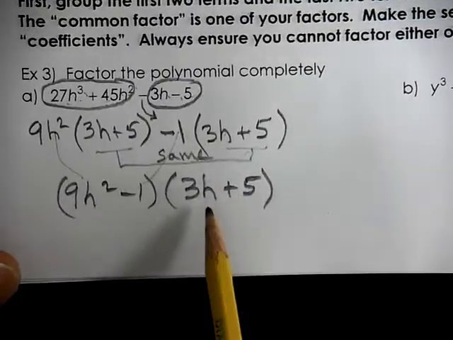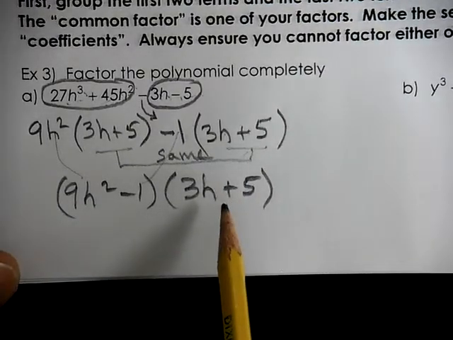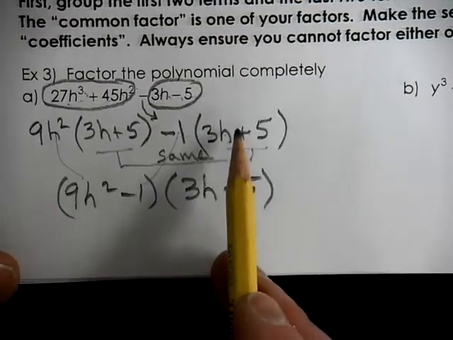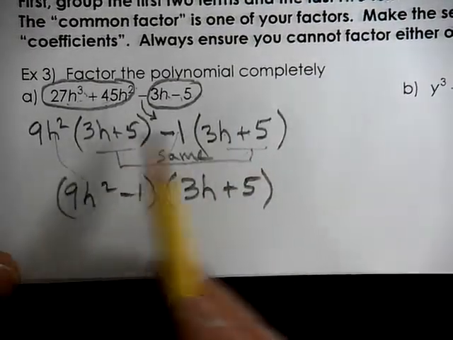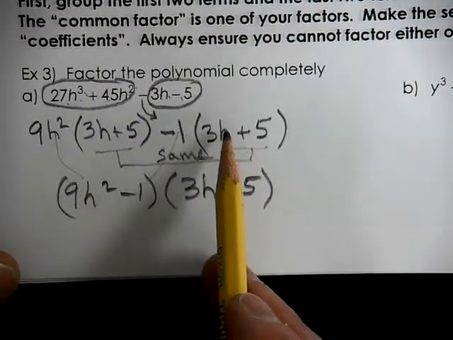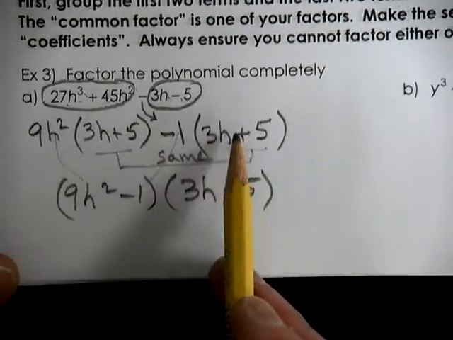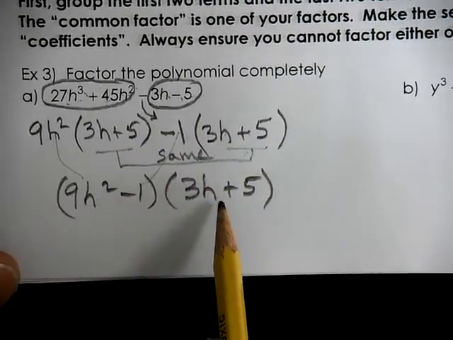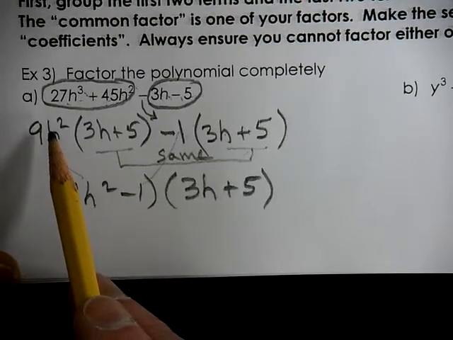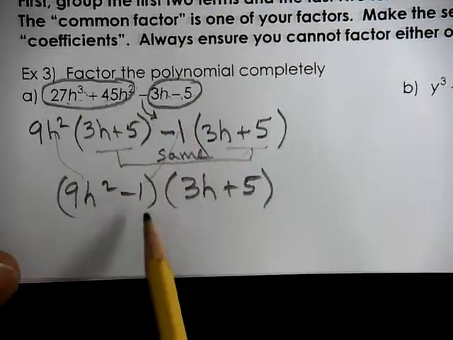You do not put a square on 3h plus 5. You're essentially factoring out your common factor on either side of the minus. You're factoring that part out, and you're left with the 9h squared and the negative 1.